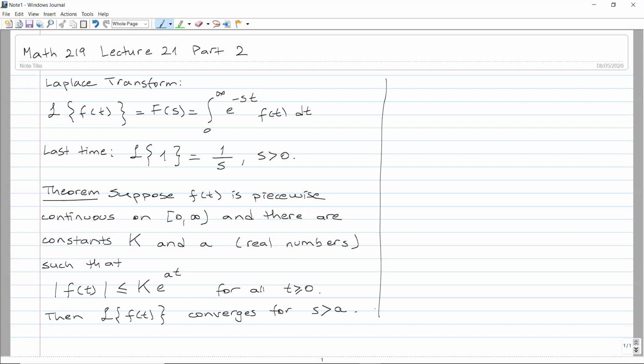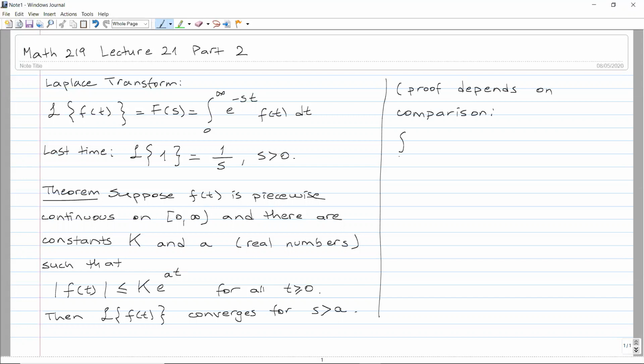Okay, the proof is basically the comparison. The proof depends on the comparison theorem. So instead of the function f, we are going to use k times e to the at.